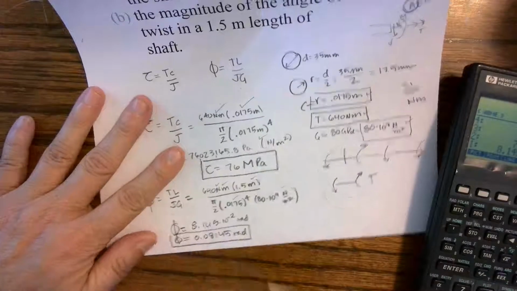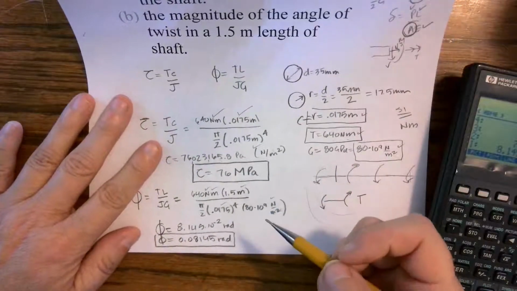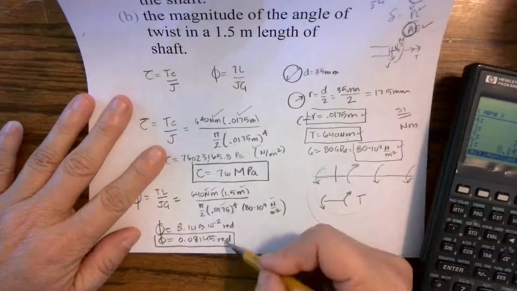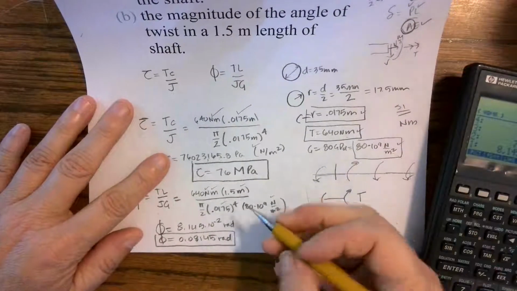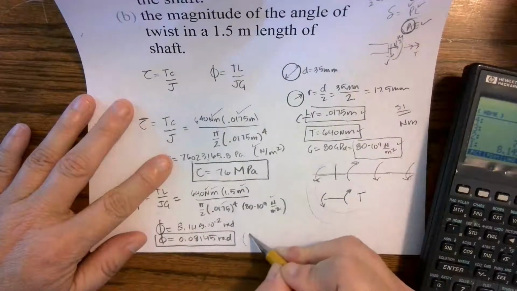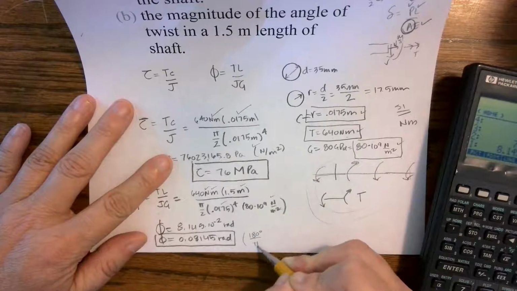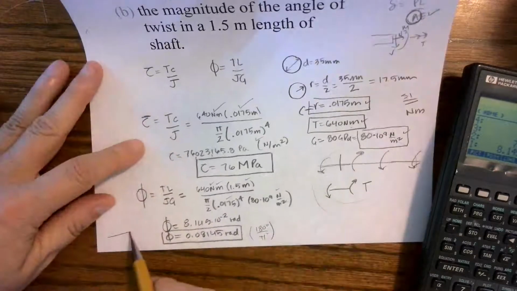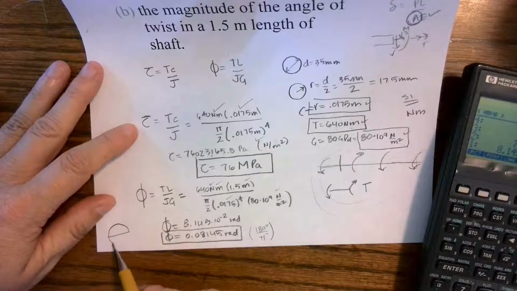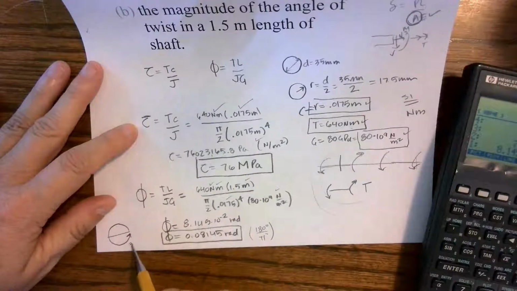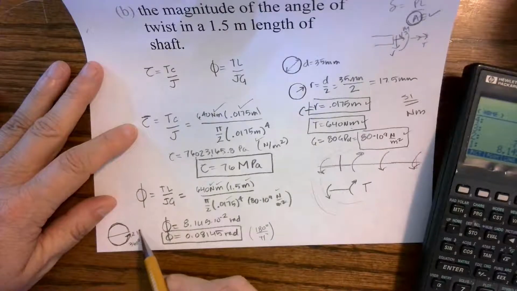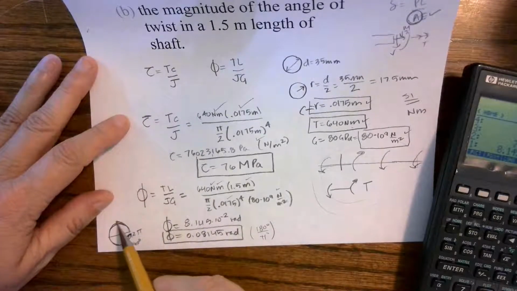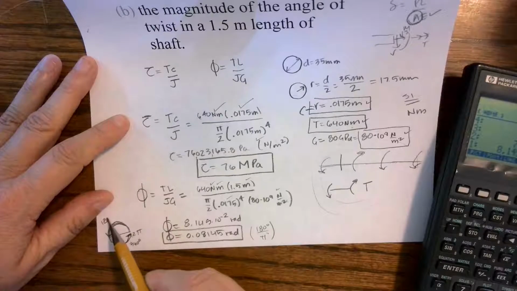Okay, so now I should ask myself, is this a realistic number? Does this kind of a twist make sense if I'm looking at small deformations? Well, how do I go from radians to degrees? I just remember that if I go around a whole circle, I've gone 360 degrees. If I go around a whole circle, that's also 2 pi. Or if I go around half a circle, it's 180 degrees.